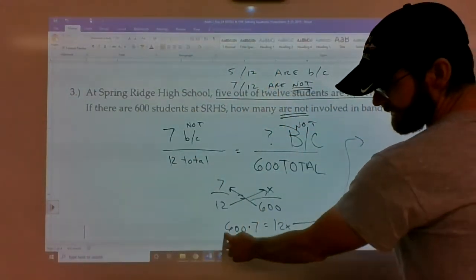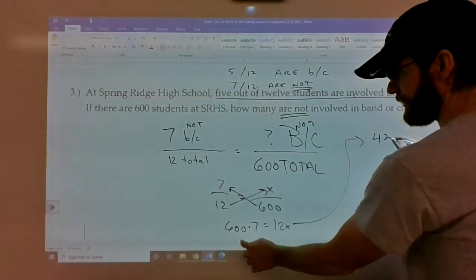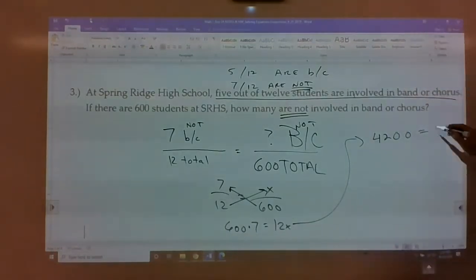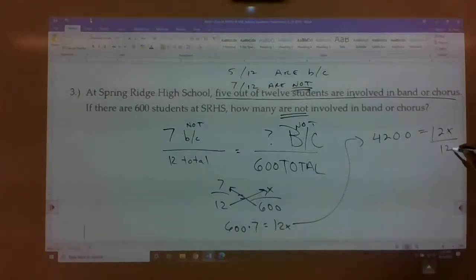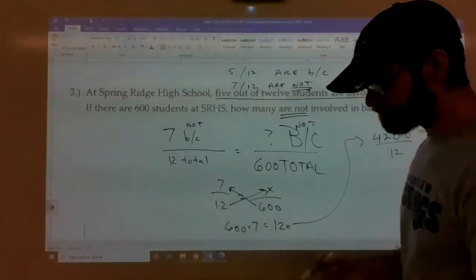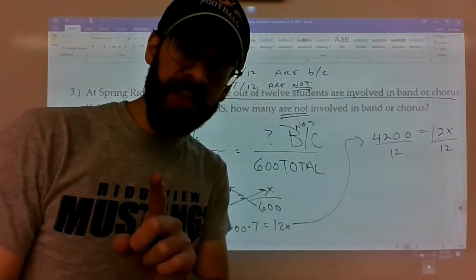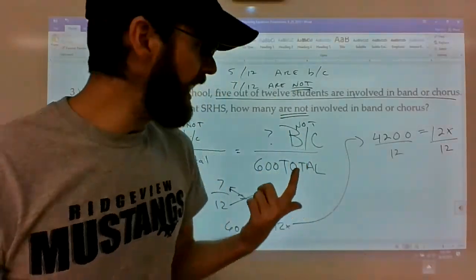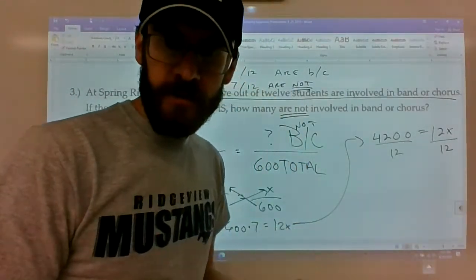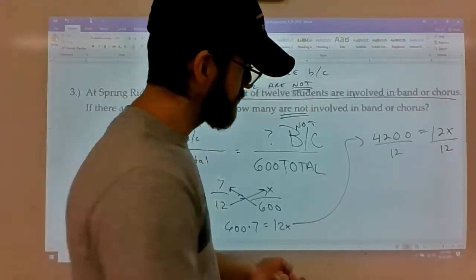So 7 times 6 is 42, with 2 zeros after it. And that equals 12x. Divide by 12. Put the 42 in the box. If they're both even, we can simplify what we can do in our head. What I mean by that is cut 4,200 in half.